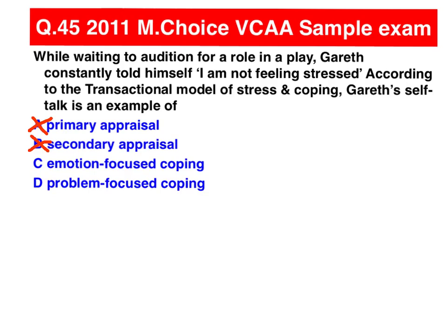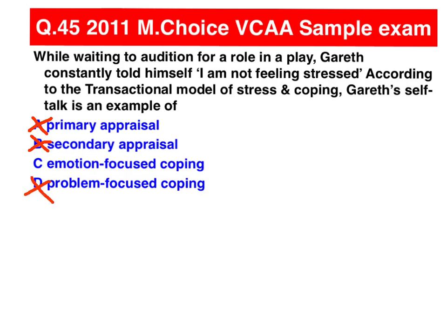Now, if in the scenario it referred to him managing the stressor, so for instance he could do that by saying, "I am stressed, but I've been stressed before and I've always managed to nail my lines, so therefore my stress isn't a bad thing, it's not going to impair my performance," then you could talk about it being problem-focused coping.